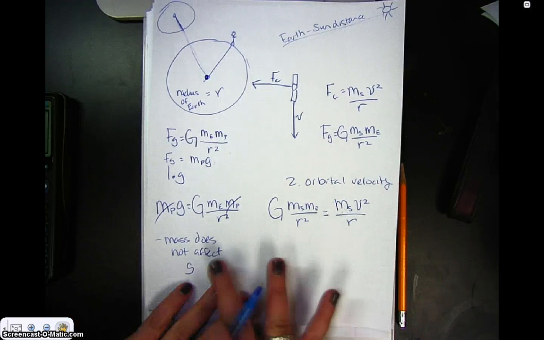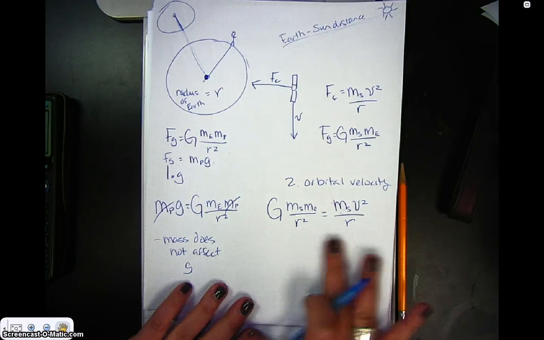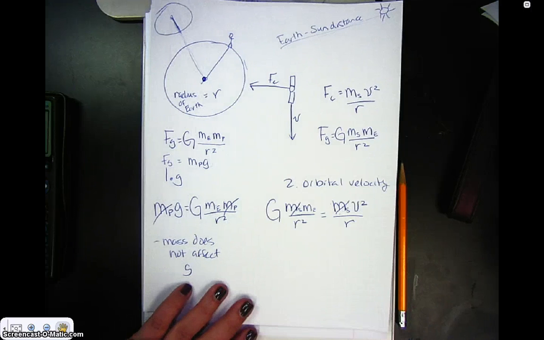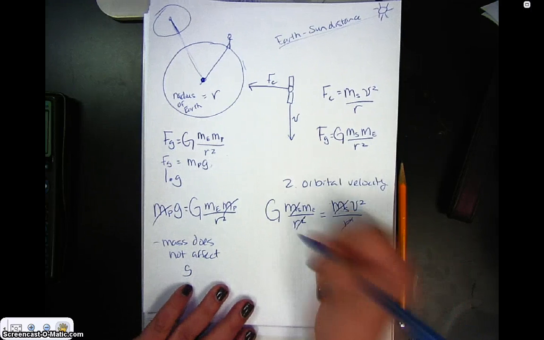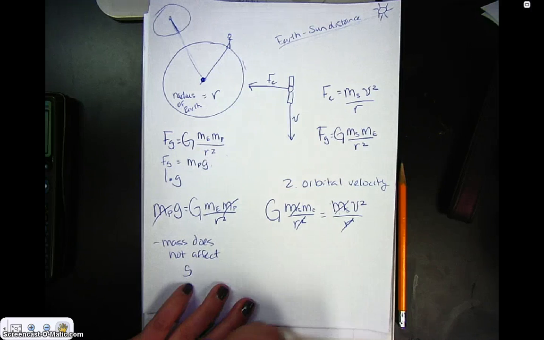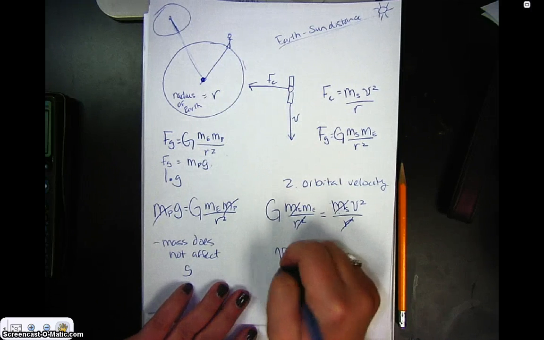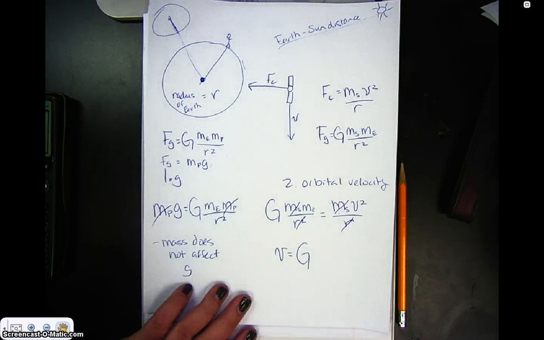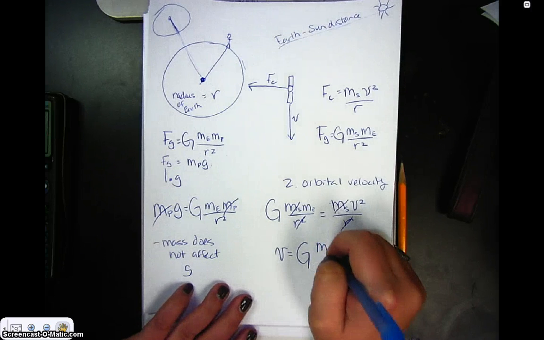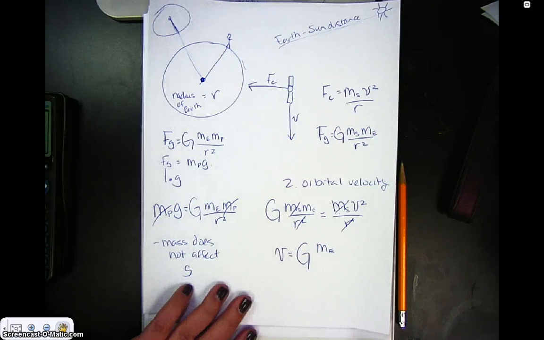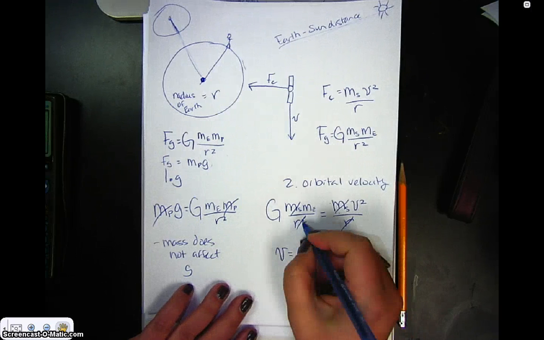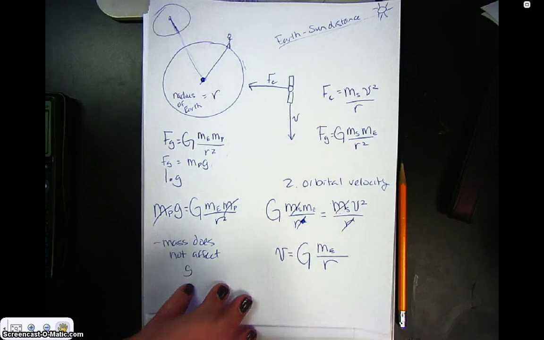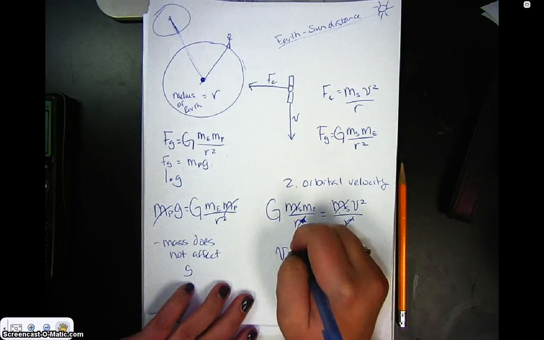So let's look at how we can solve this for velocity. The mass of the satellite cancels, and one of the r's cancels, so essentially orbital velocity is equal to the gravitational constant times the mass of the Earth, or whatever is being orbited around, all over r, and we'd have to take the square root of this.